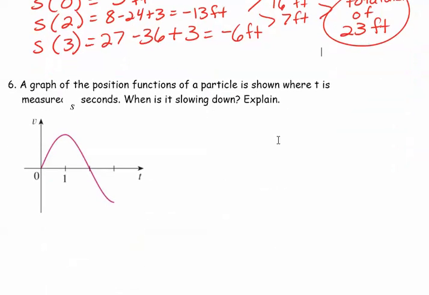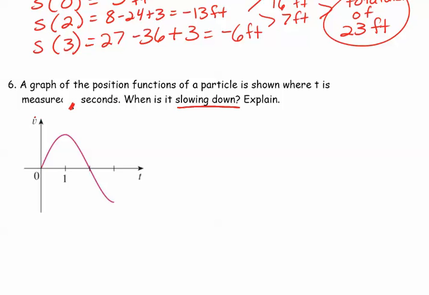All right, from a graph of the position, when is the object slowing down? So we want to know when acceleration and velocity have opposite signs. Okay, and here, I think I've just moved things.